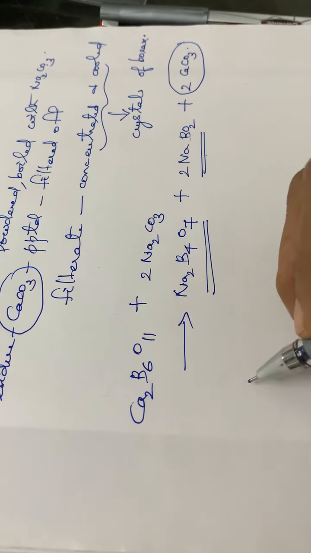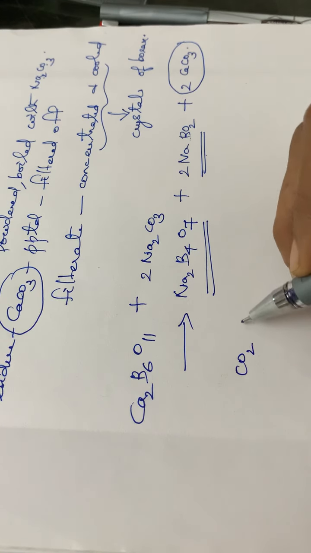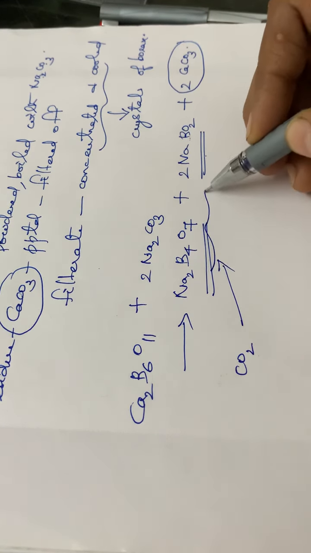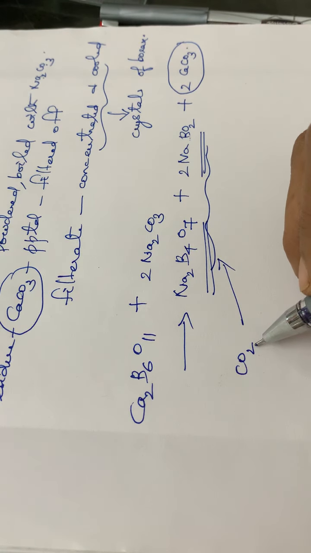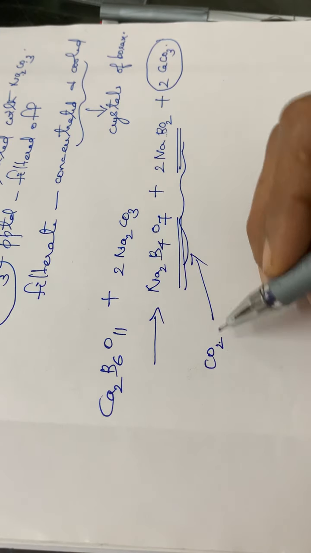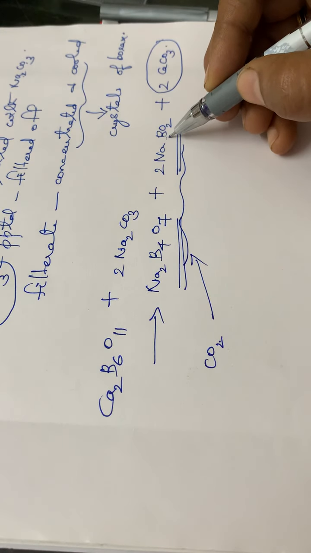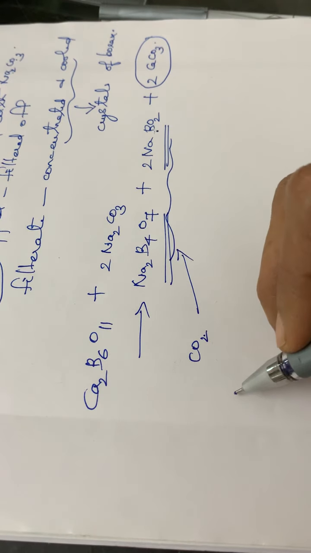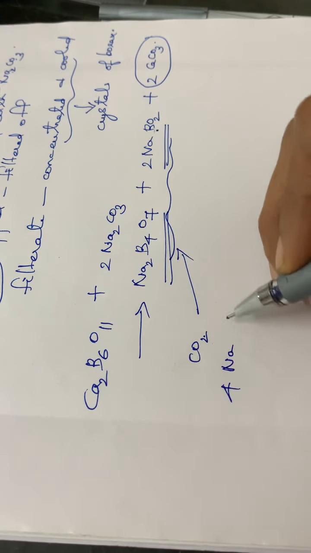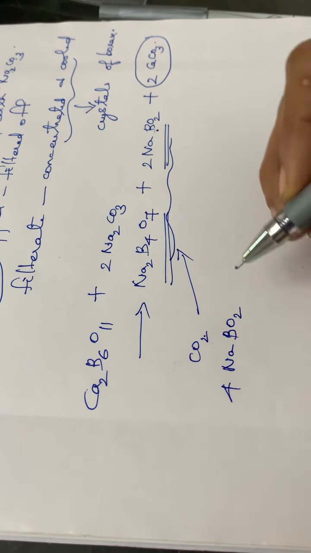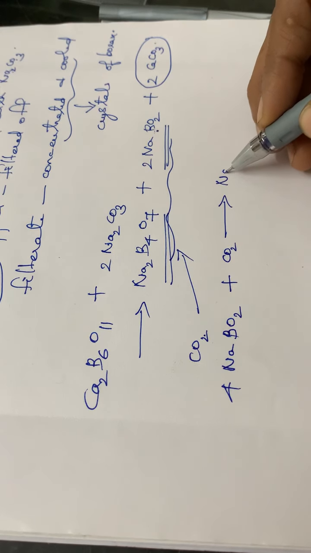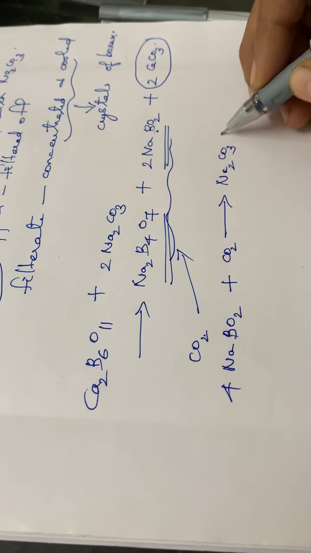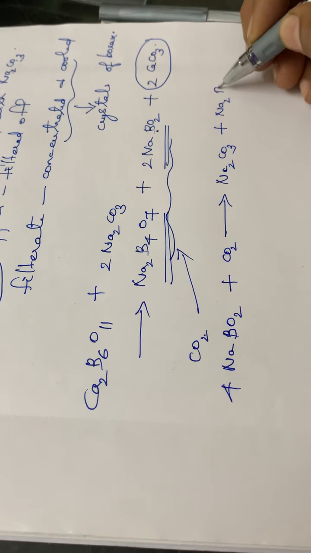For that, we pass a current of carbon dioxide gas through this filtrate. The carbon dioxide reacts with the sodium metaborate: NaBO2 plus CO2 gives Na2CO3 plus Na2B4O7.